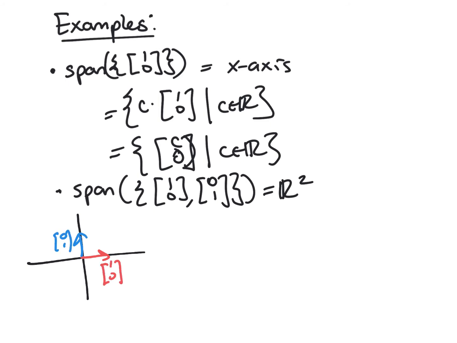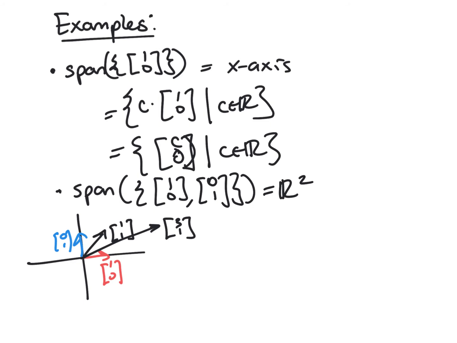And then I'm allowed to scale these and then add them together, right? So if I just add them together right away, I would just get the vector (1, 1), right? But I can scale. So I can go 3 in the direction of (1, 0) and up by 1, right? And so I could get something like this, where I get (3, 1).